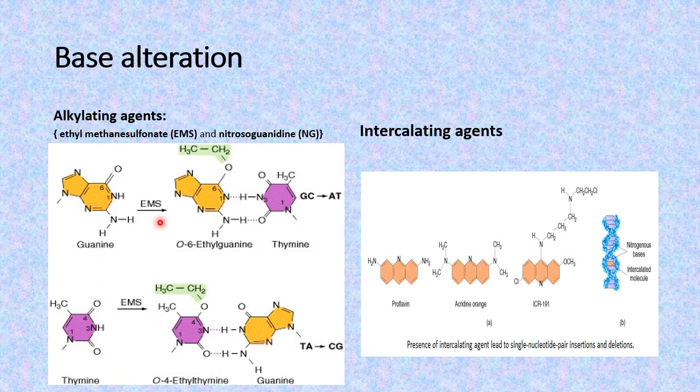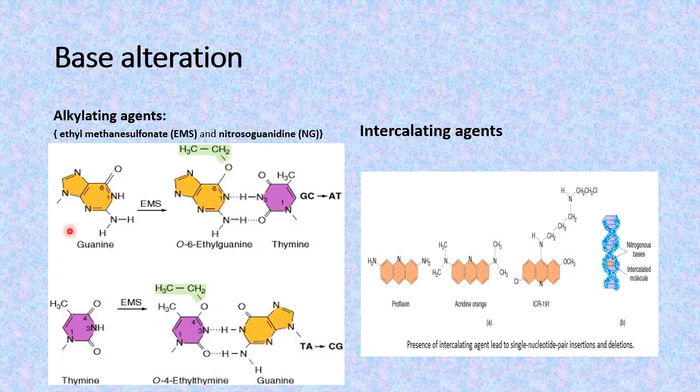So guanine is converted to ethylated guanine, and this ethylated guanine, instead of pairing with cytosine, will pair with thymine. Similarly, the ethylated thymine, instead of pairing with adenine, will pair with guanine.